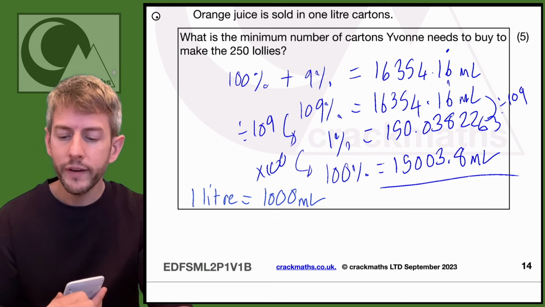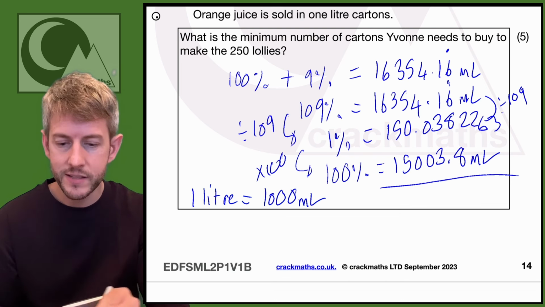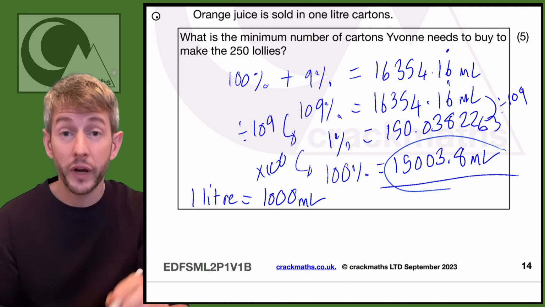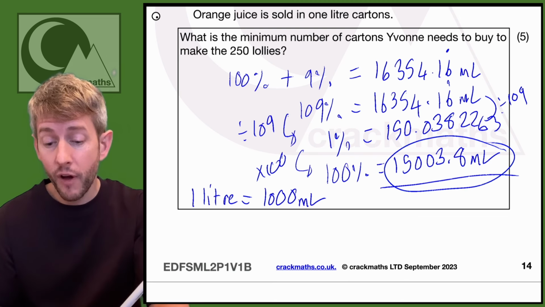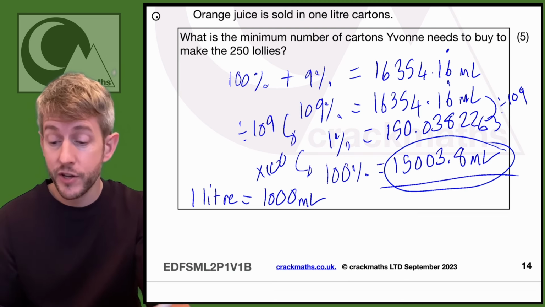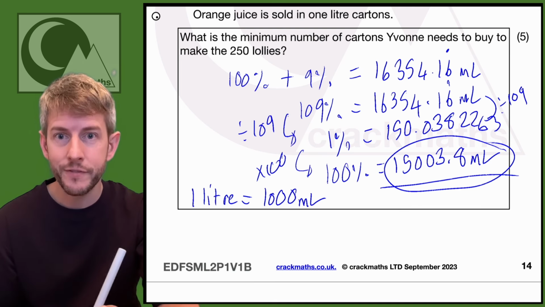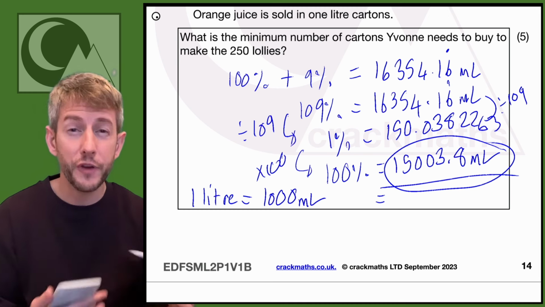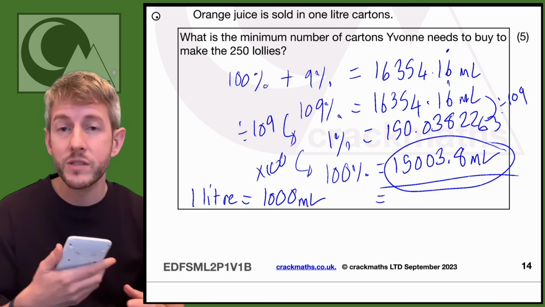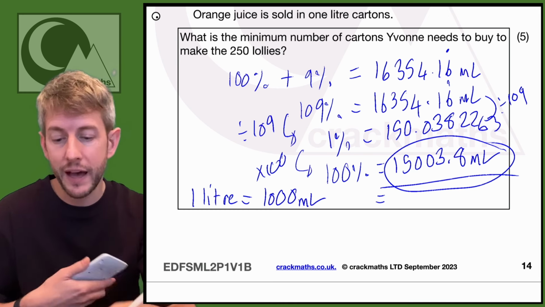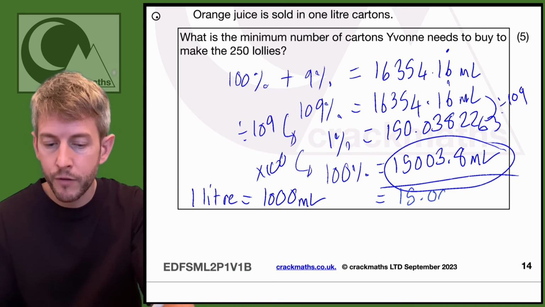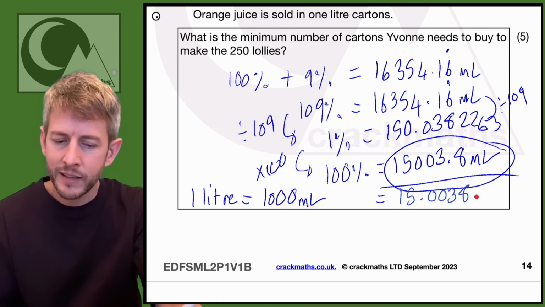Okay, right. Now I know that 1 litre equals 1,000 millilitres. So if 1 litre equals 1,000 millilitres, we've got 15,003.8 millilitres here. So if I want to convert this into litres, I'm going to have to divide this by 1,000. If 1,000 is 1 litre, 15,000 is going to be 15.0038 litres.